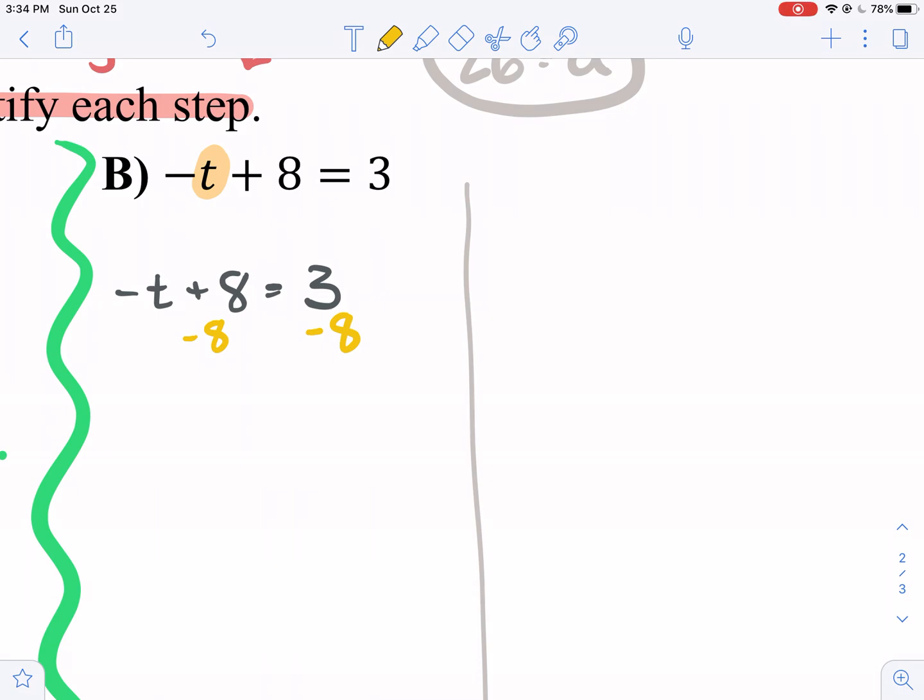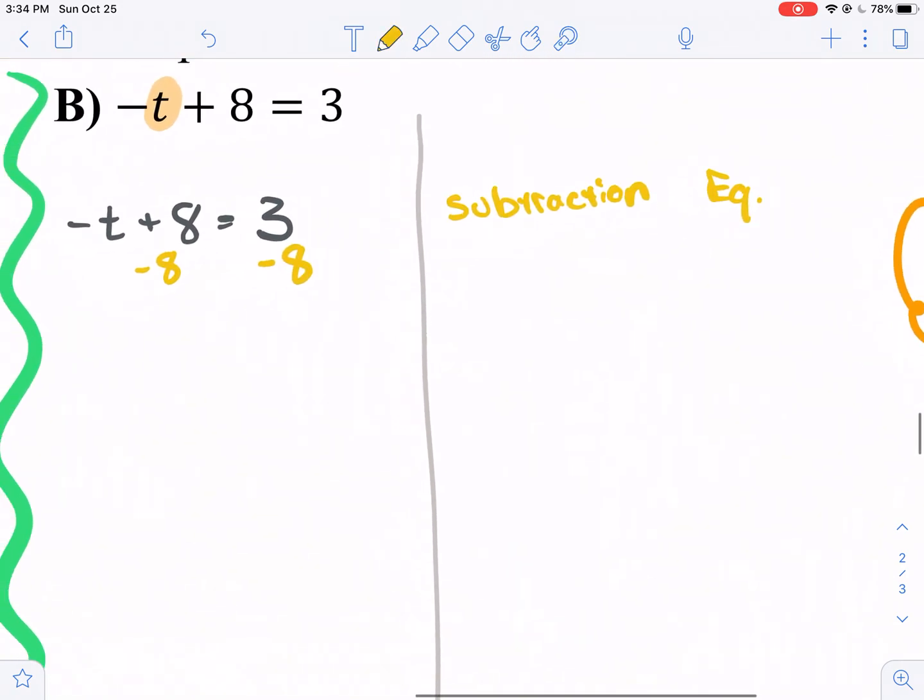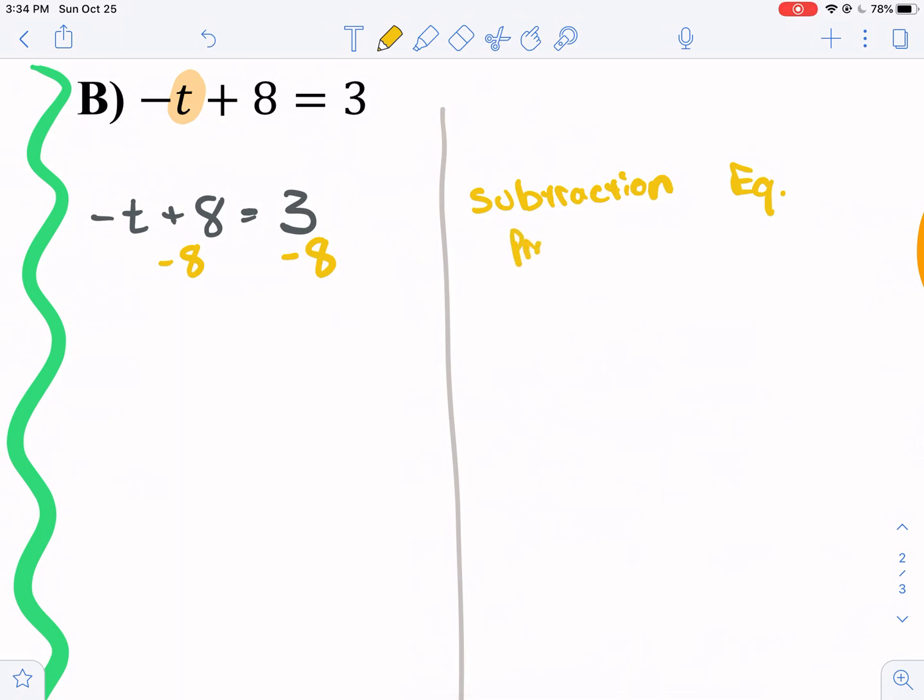I subtract 8 from both sides because the subtraction property of equality says that if I subtract the same number from both sides of the equal sign, they're still equal. Oh, sorry, that's the subtraction property of equality. There you go.